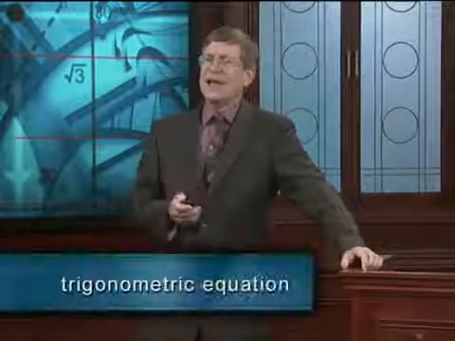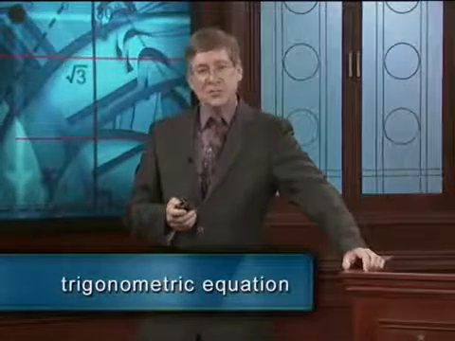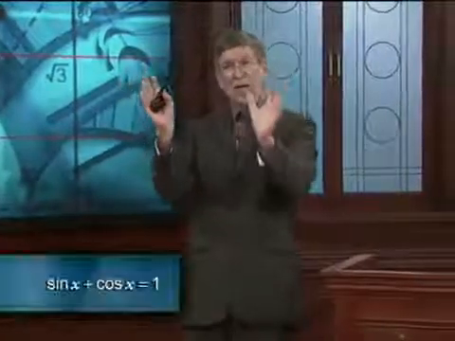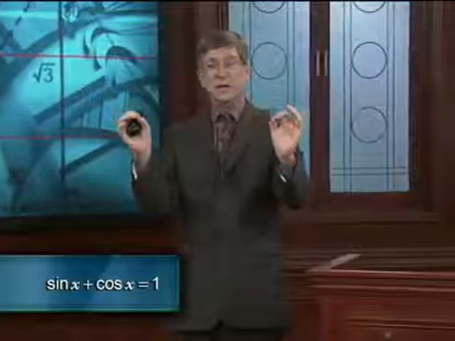And in fact, that's an example of a trigonometric equation. And that will be the topic next lecture. In other words, you're given an equation like sine x plus cosine x equals 1, and you ask yourself, are there x values for which it is true? It's not true for all x, but it's true for some x. Here's a simpler one.